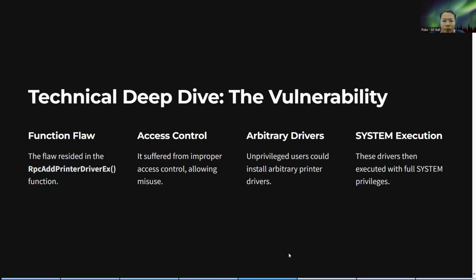It suffered from improper access control, allowing misuse. Unprivileged users could install an arbitrary printer driver, which may secretly insert a dangerous executable file, and the drivers then execute with full system privilege, which causes many problems.